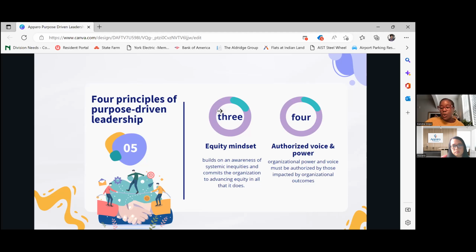From who you bring onto your board, to the things that you align yourself with, making sure it's aligned with your mission, and that what you provide as a product to the community takes into consideration that you are working against the systemic inequities that exist.